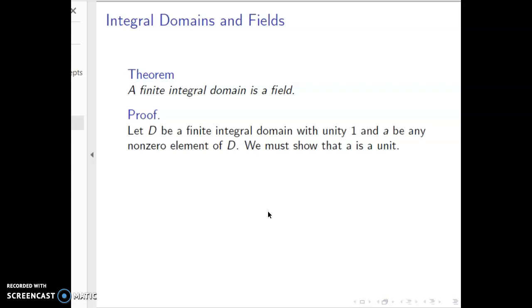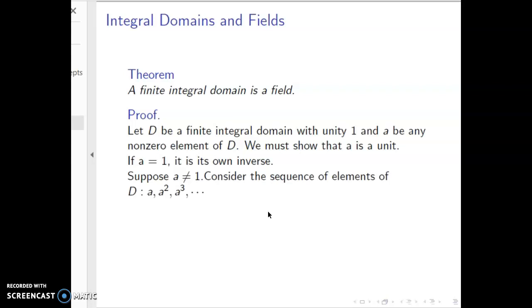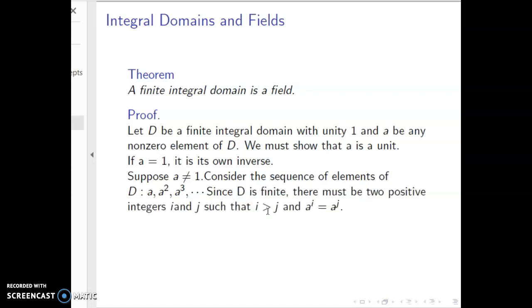Let D be a finite integral domain with unity 1 and let A be any non-zero element of D. We have to show that A is a unit. Suppose A is equal to 1, then it is its own inverse. If A is not equal to 1, then we can consider the sequence of elements A squared, A cubed and so on.